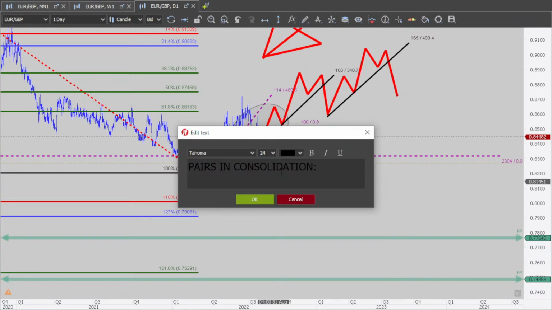Type in the chat what pairs are in consolidation. Maybe monthly consolidation. Somebody's asking, no, not the small, not on 50-minute chart, okay? But let's say from the monthly and the weekly. Everybody, what pairs are in consolidation on the monthly and the weekly?